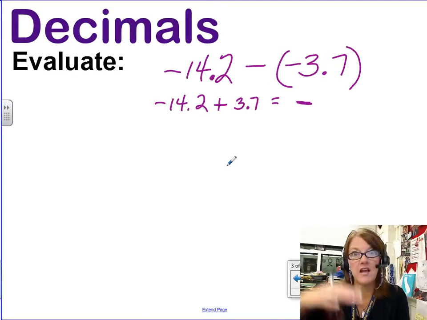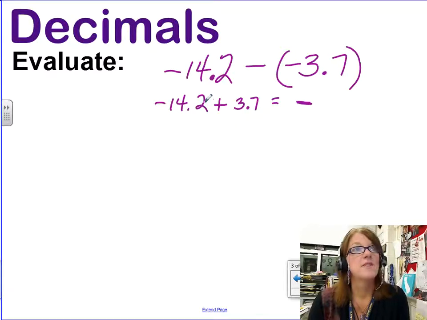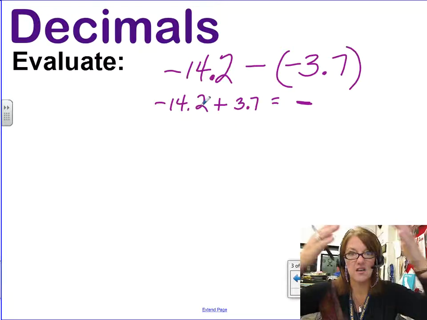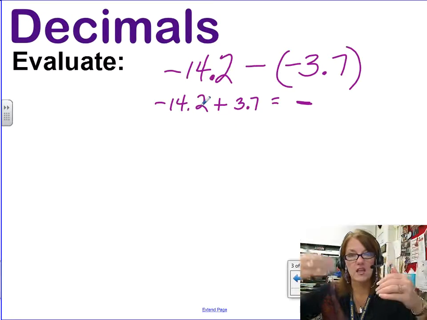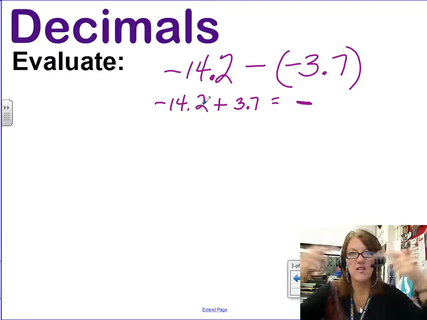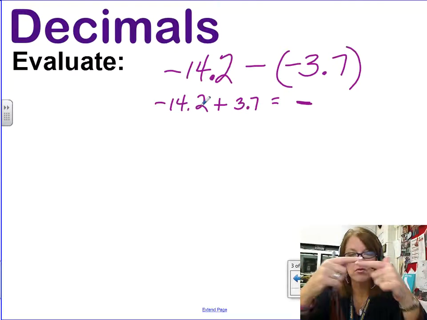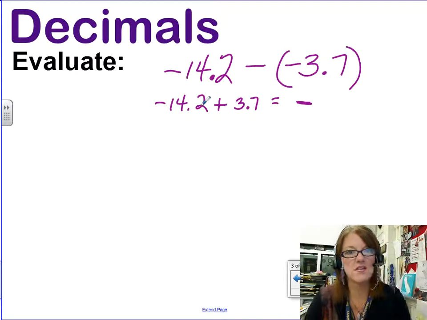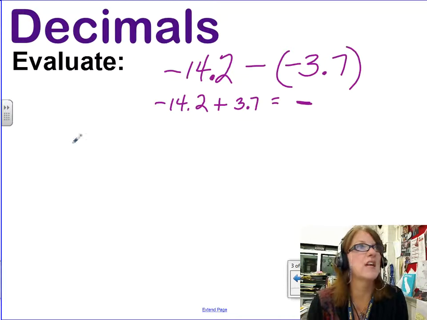Some people like the elevator analogy. You go down this many and come up this many. You're still down below. Or I always like to think of it as two teams. You put the negative team on one side, put the positive team on the other. They wipe each other out or neutralize each other, but the negative team has more. So they win the battle, so to speak. Okay, so I know the sign of my answer.